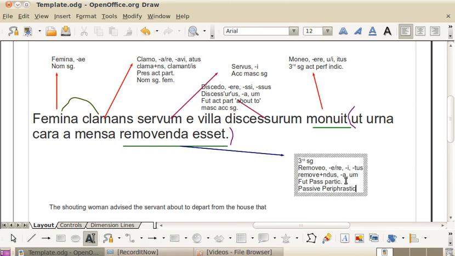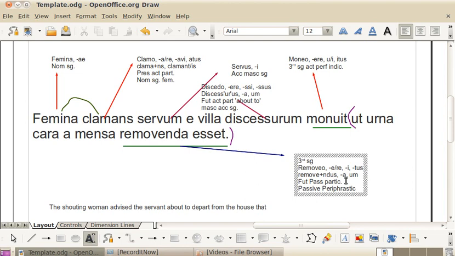Here, a future idea that happens to be in the passive voice. One thing with passive periphrastics that we need to be aware of, however, is rather than simply translating them literally, something is about to be done or was about to be done, we need to also understand that they oftentimes have the force of necessity or obligation. So not as something only to be done, it must be done, should be done, or ought to be done.